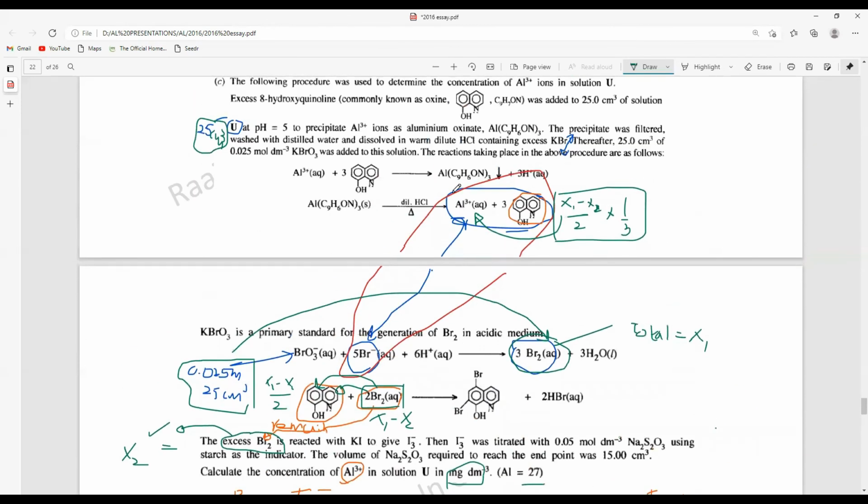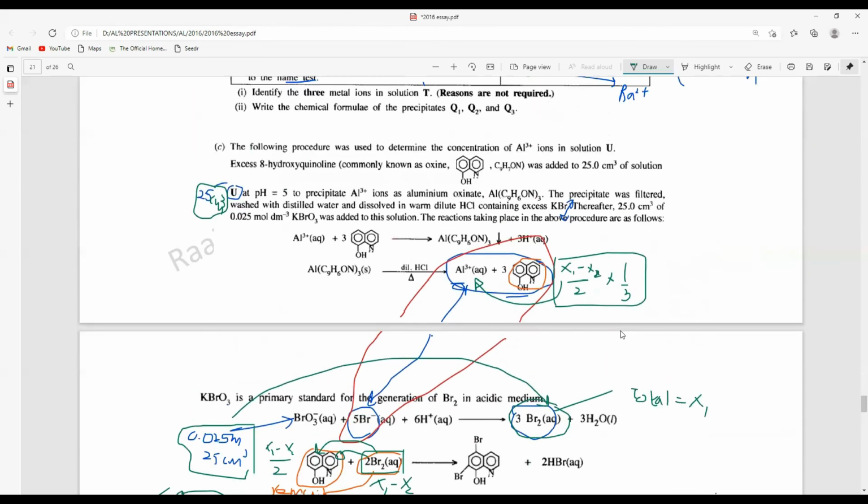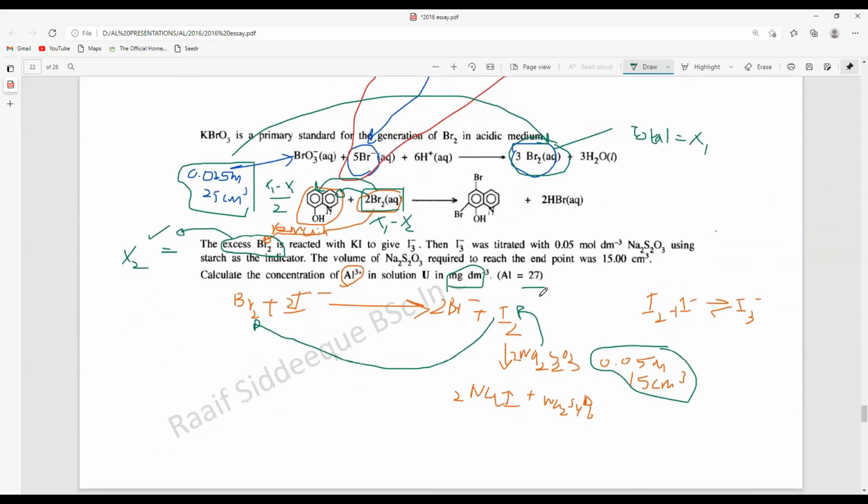These things are lengthy, right? But the calculation is very simple. You can get the excess Br2 using the information from the sodium thiosulfate titration, and you can get the amount of total Br2 formed from the BrO3 minus which is added. You subtract this, and you get the Br2 that reacted with oxime.